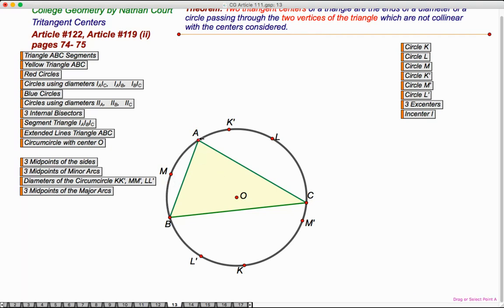And then the midpoint of major arc AB or ACB is M prime, and the midpoint of major arc AC or arc ABC is L prime. So all these 6 points are given.